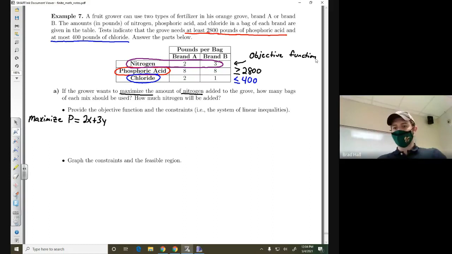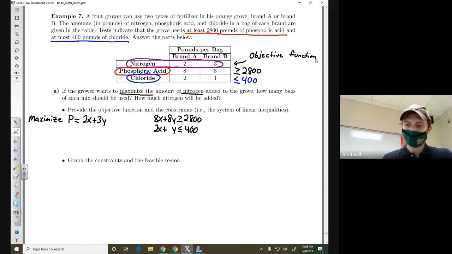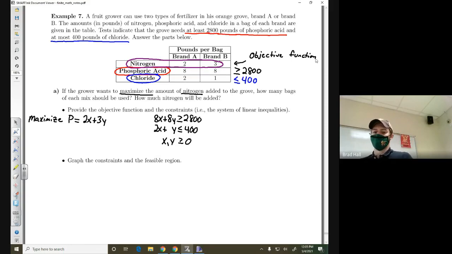And so the inequalities here, I think those should be clear, especially with the symbols that I have outside of the table here. 8x plus 8y is greater than or equal to 2800, and 2x plus y is less than or equal to 400. But of course, there's something missing here. We need the non-negative restrictions as well, which basically says just look at the top right part of the graph, which is something we're always doing in this section.